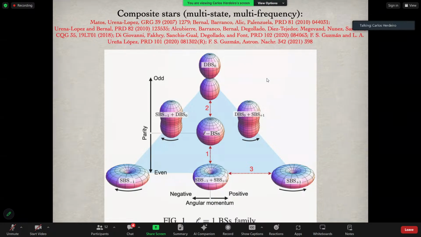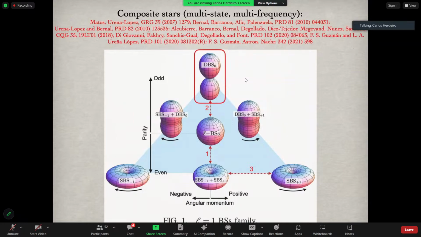So this triangle that you see in this illustration is for a so-called L = 1 family, which has 3 complex scalar fields. Depending on the relative amplitudes of these 3 complex scalar fields, you have different limits. For instance, you have a dipolar limit.